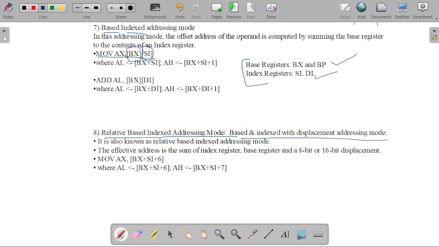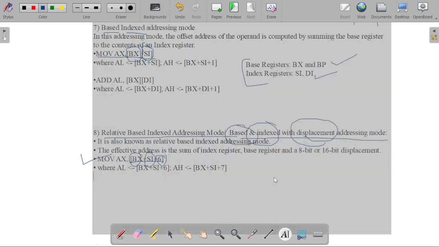Here the base register is available, the index register is also available, and we are providing the displacement. Here you can check the instruction is MOV AX, [BX plus SI plus 6]. So 6 is the immediate value, BX is the base register, and SI is the index register.